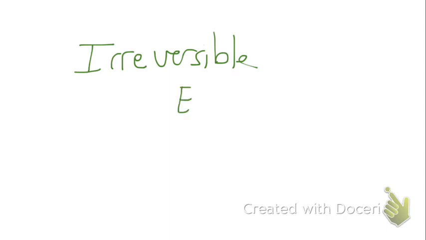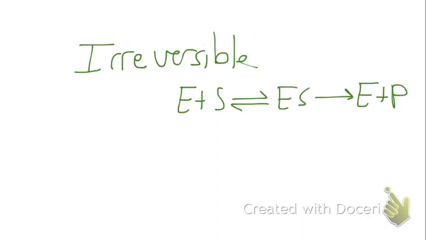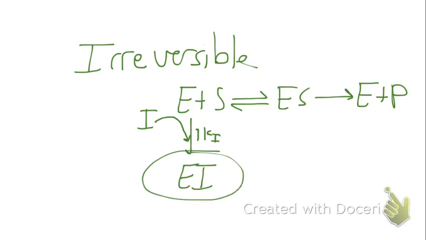What happens is, we have our enzyme, we add our inhibitor, and you get this complex, which cannot dissociate. The half-time for this complex can be in the months, until the body can recycle the protein.